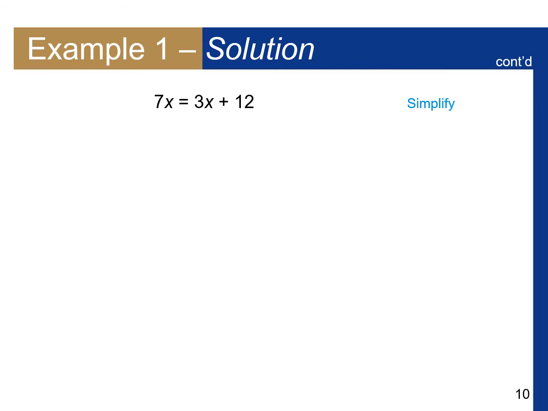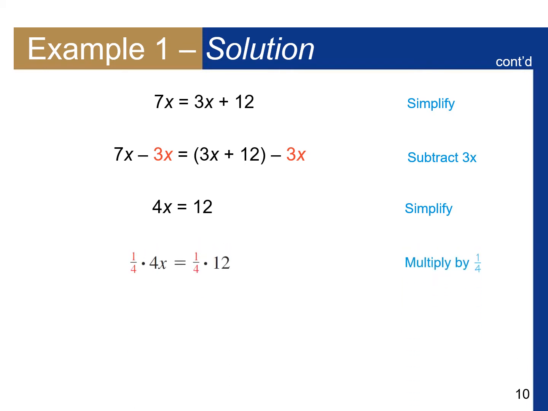That will give us now 7x equals 3x plus 12. So we will subtract the 3x to move it over to this side. And now I'm down to 4x equals 12. So I will divide both sides by 4, or multiply by 1/4, which is the same thing. And I will find that x equals 3.